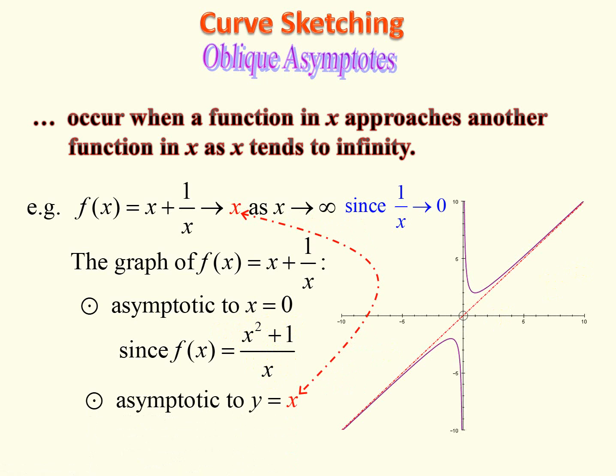So there's the curve. Notice it's asymptotic to x equals 0 because you cannot have x equals 0 in there. But it's also asymptotic to y equals x.